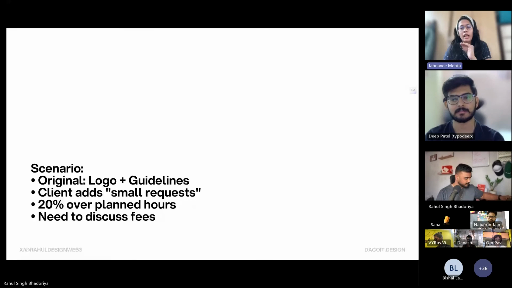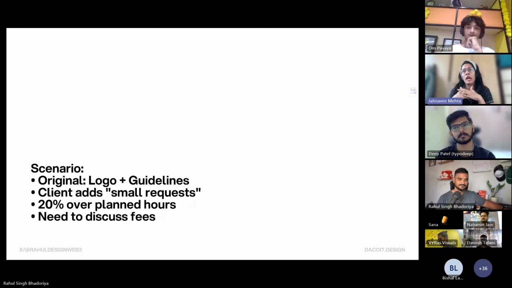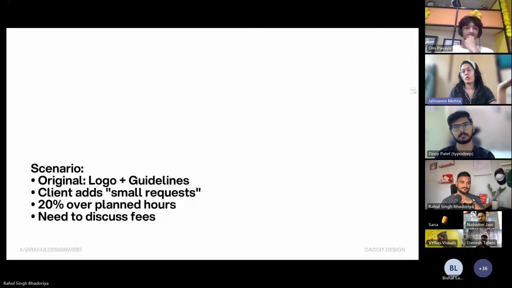What I felt Deep could have done better was, at the time when Rahul said it is just a few changes in your design, if you had documented all that from the start, you could have said, okay, this was the original plan, and these are the additional things which occurred during the process, which amount to X hours.